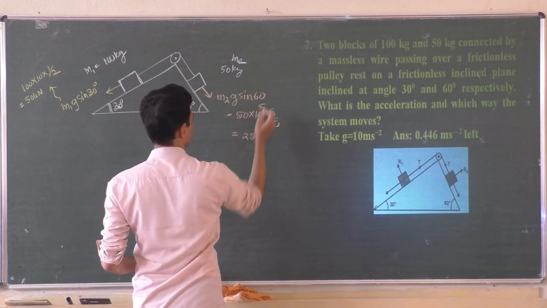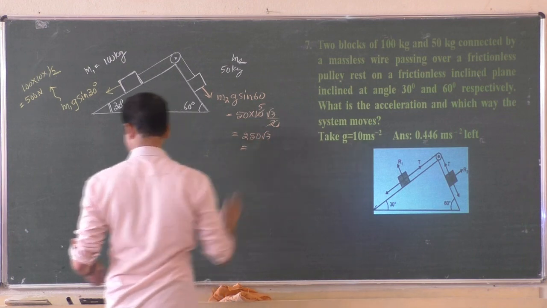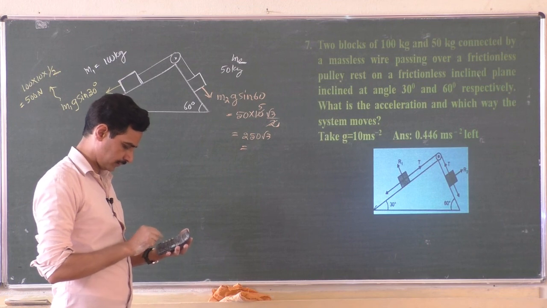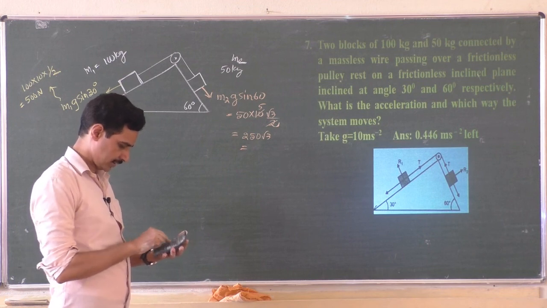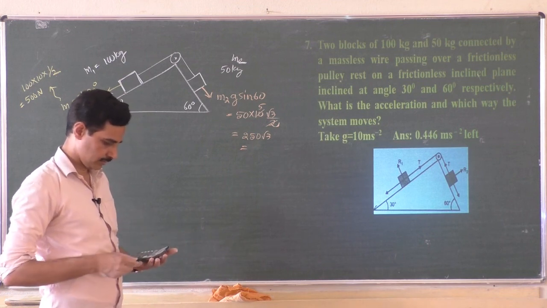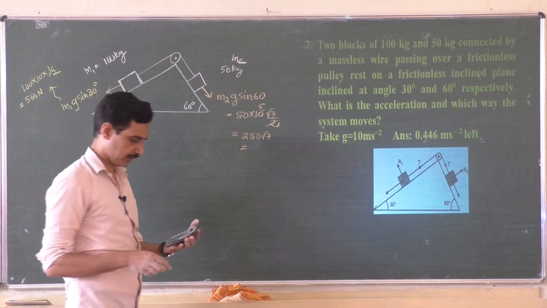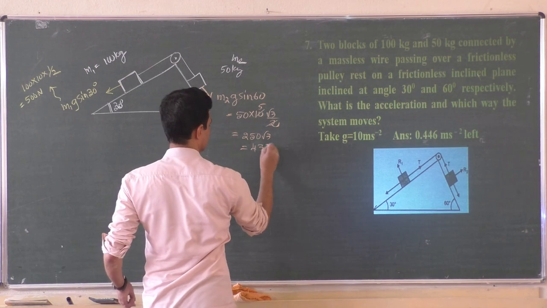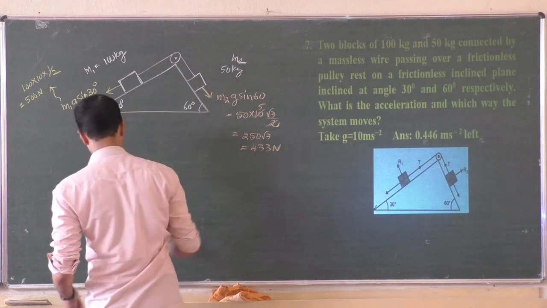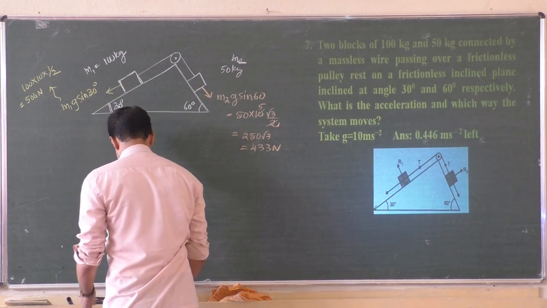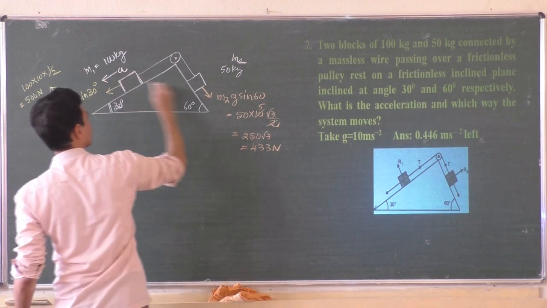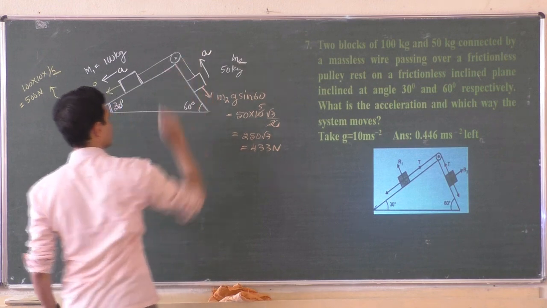Better we find it out: 250 into 1.732, that is equal to 433 Newton. So this is stronger, 433 Newton. Finally the system should move like this, the acceleration should be in this direction.